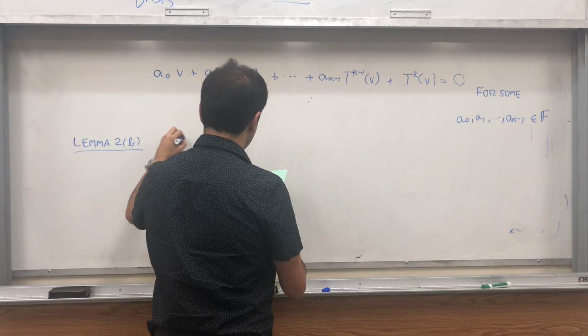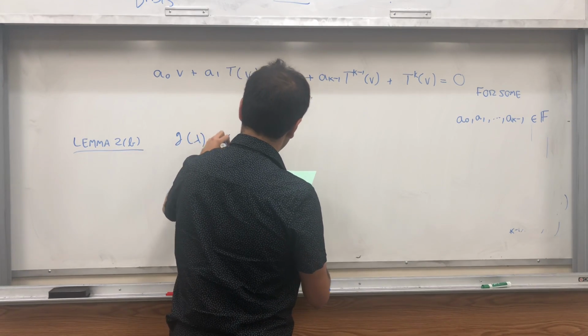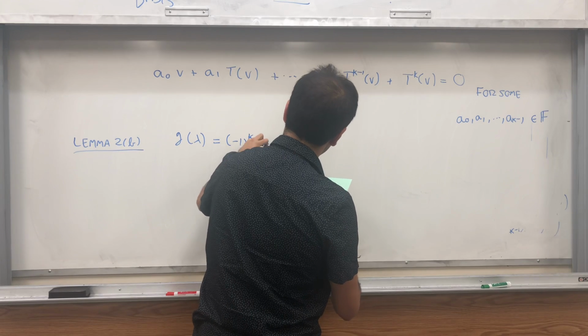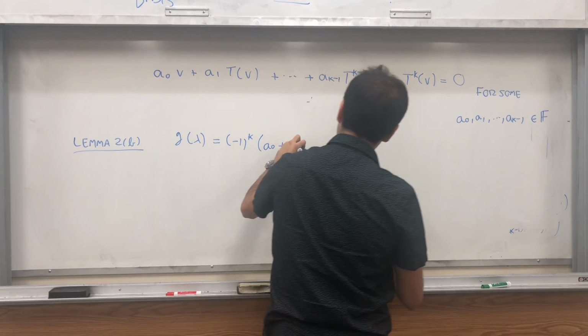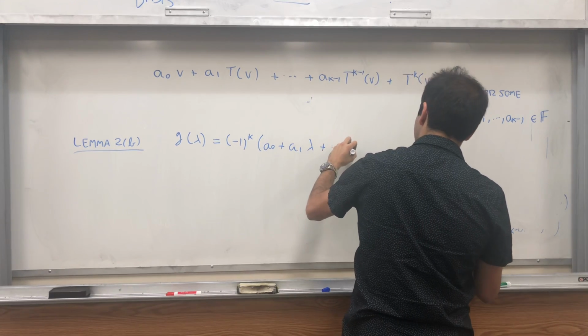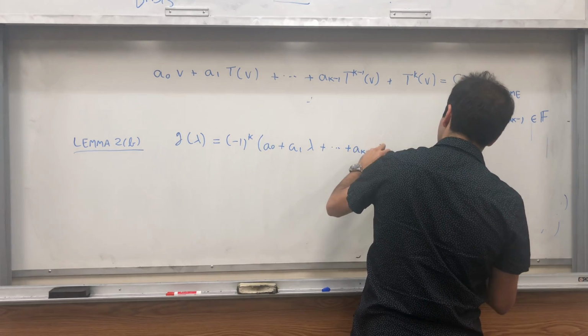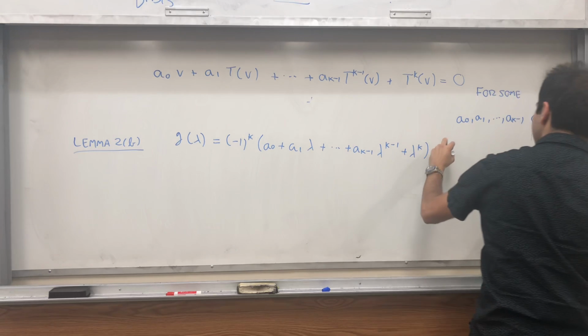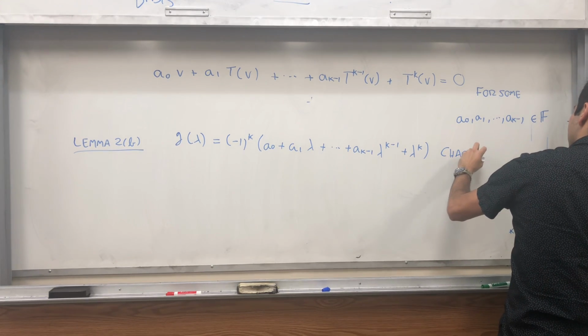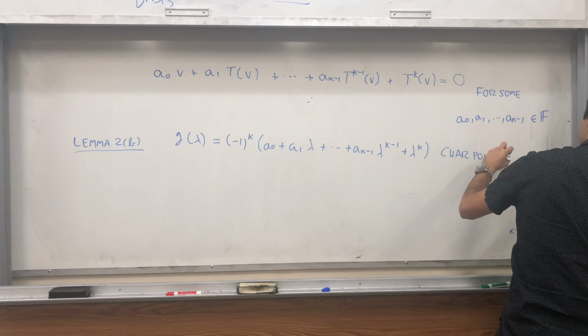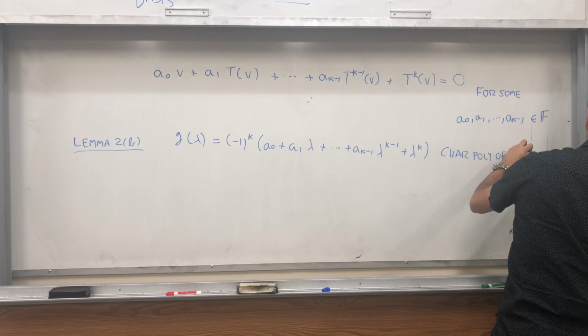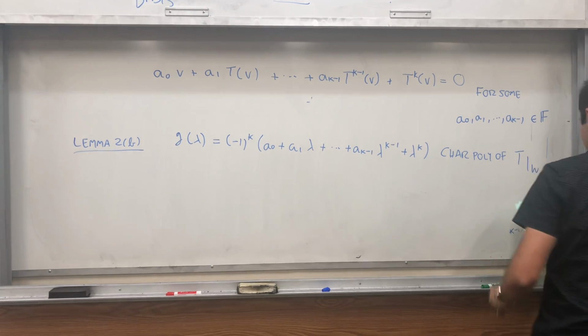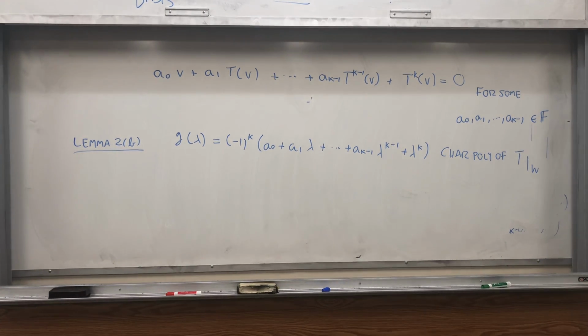It's namely this one: (-1)^k times (a0 plus a1 lambda plus dot dot dot plus a_{k-1} lambda^{k-1} plus lambda^k) is the characteristic polynomial of T restricted to W. That's just by definition of W being the T-cyclic subspace.